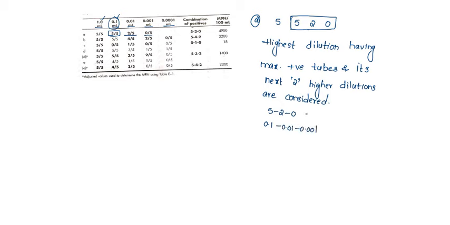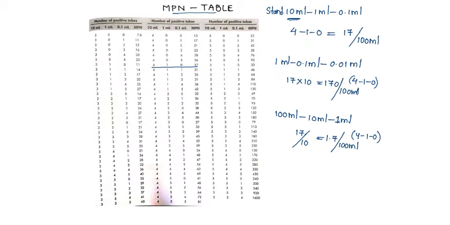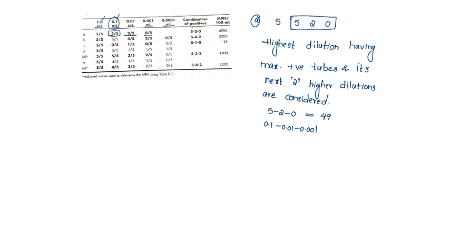From the table, corresponding to 5, 2 and 0, our value is 49.